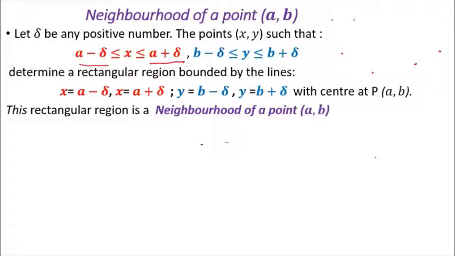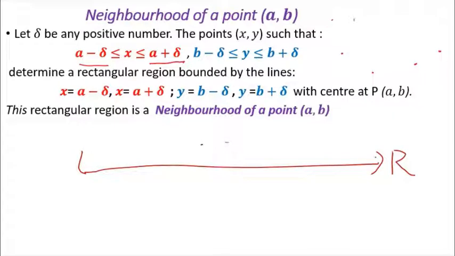Let us try to understand now the neighborhood of a point (a, b). In the introductory lesson, I explained about the neighborhood of a point a on a number line. When we take a real number line and consider a point, I will take an example, suppose 2, and then I will take epsilon equal to 0.01.